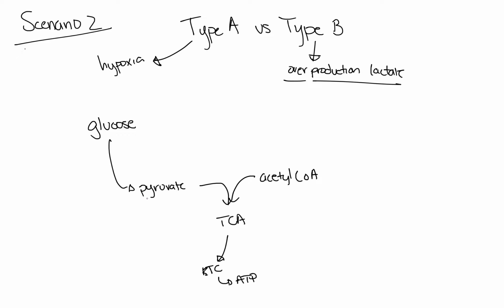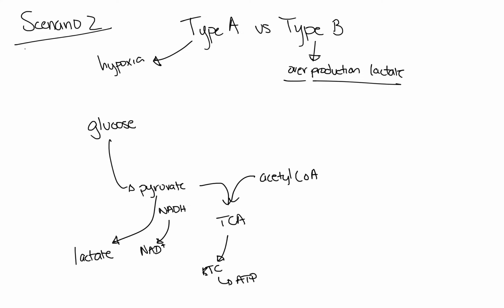This pyruvate alternatively can go through anaerobic metabolism and become lactate. And the key here is that NADH is going to be converted to usable NAD at this point.